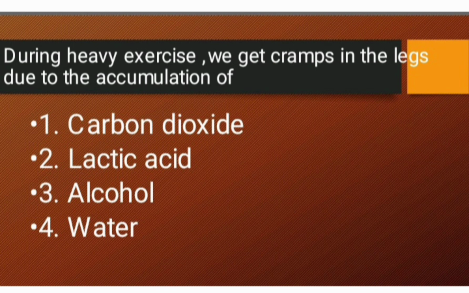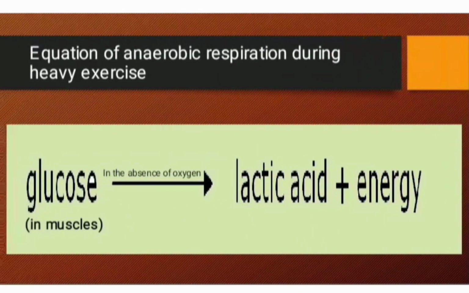So during heavy exercise we get cramps in the legs due to the accumulation of lactic acid, and let's see the equation of it. The equation is: glucose present in the muscles, due to the absence of oxygen, gives out lactic acid and a very small amount of energy.